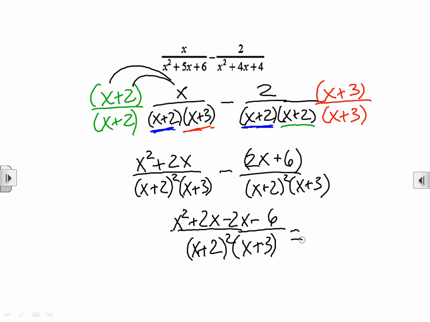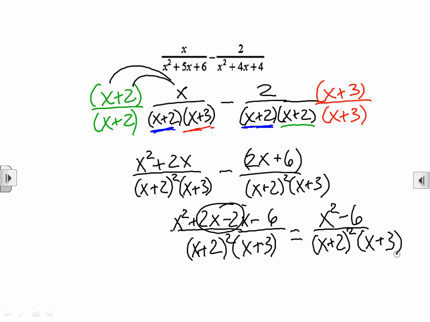What's nice, my x's in the middle are going to cancel, so I get x squared minus 6 over x plus 2 squared and x plus 3. Now don't make some magic happen here because you want to go all crazy canceling stuff. There's nothing else that's going to reduce here, so I just need to state that x cannot equal negative 2 or negative 3. Move on.